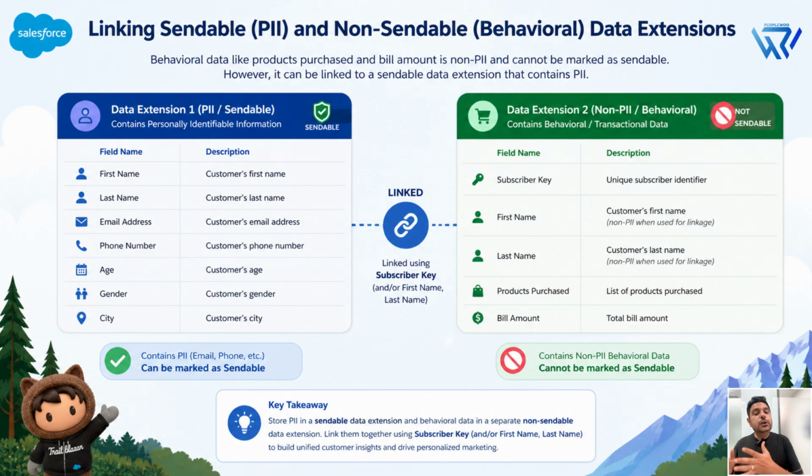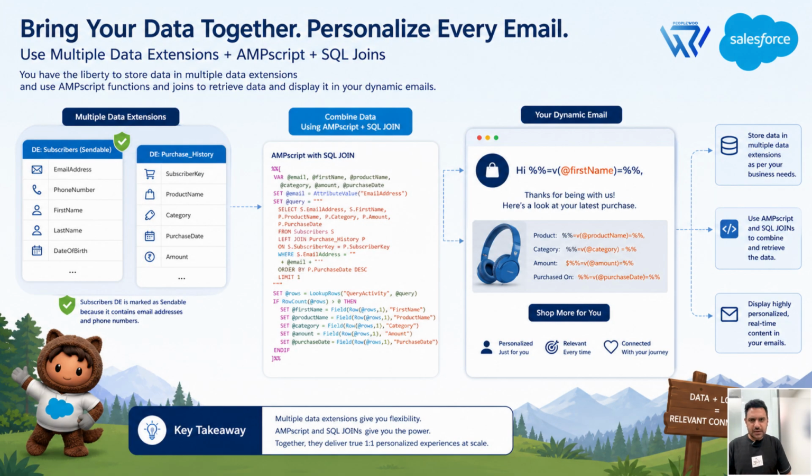But there are two different data extensions: data extension 1, which contains first name, last name, email address, phone number, age, gender, city, and the other data extension, which has subscriber key or first name, last name, as well as the product purchased and the bill amount. These two data extensions can be linked to each other, and you can use them within your dynamic email to retrieve data by establishing relationships.